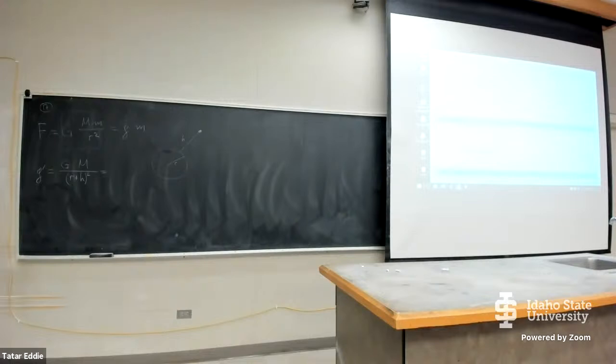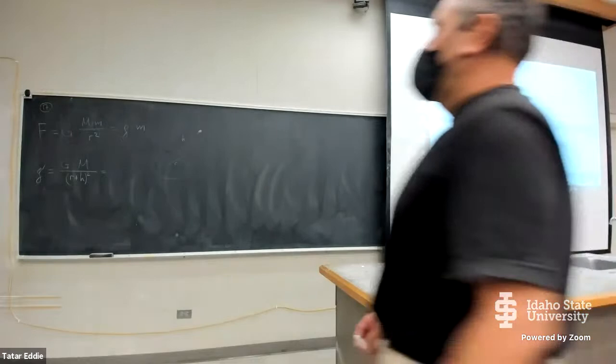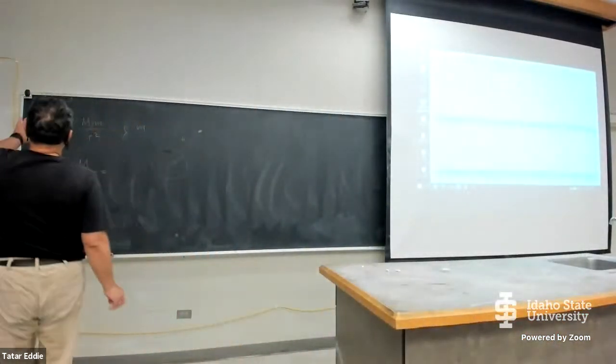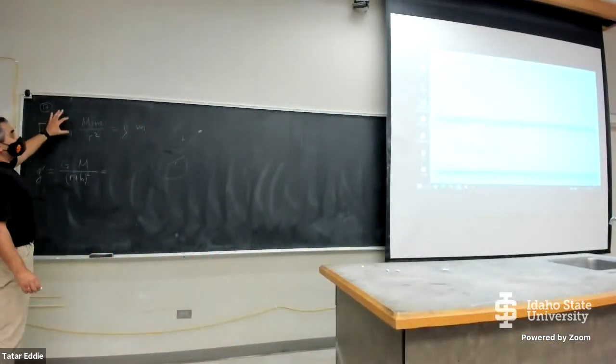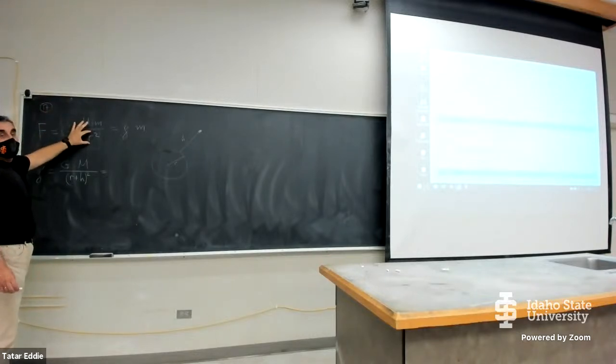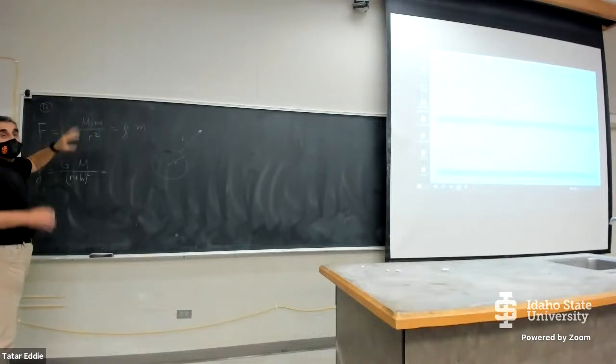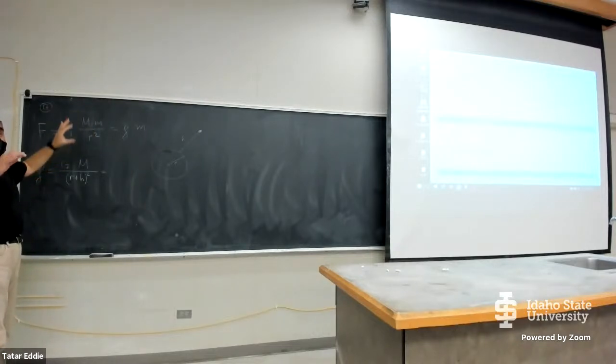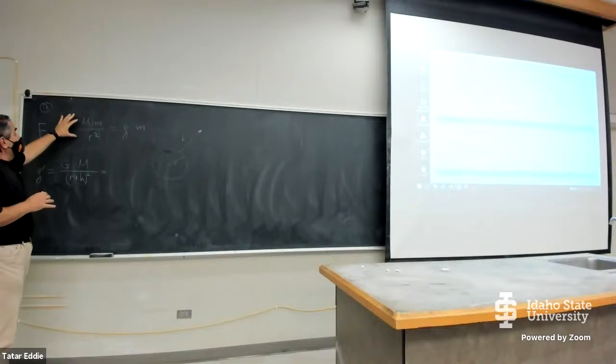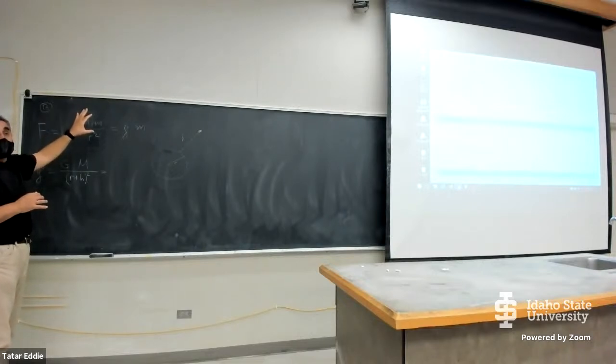Yes. How did you rearrange that top equation to make acceleration equal g times M? Well, look, this is a product of this and this divided by this, right? This is this expression. And all those numbers are fixed numbers. When you calculate them, you're going to get exactly 9.8.